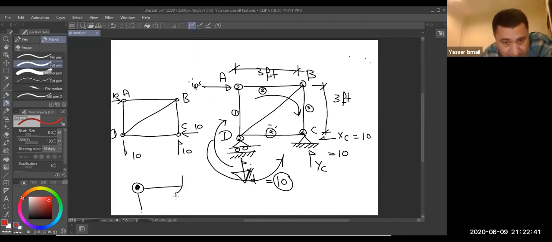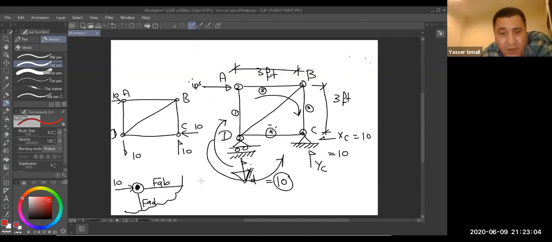This is the method of joints. Once you cut the member, there is for sure 100% an internal force F A B, and you cut here, you have F A D. And you have the external force in this direction, we call it 10.